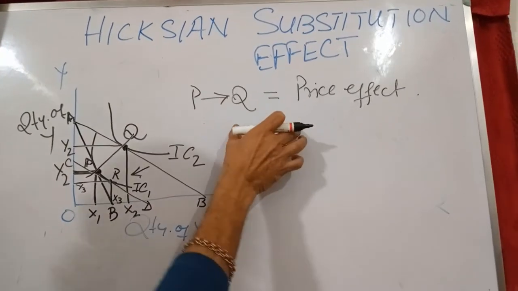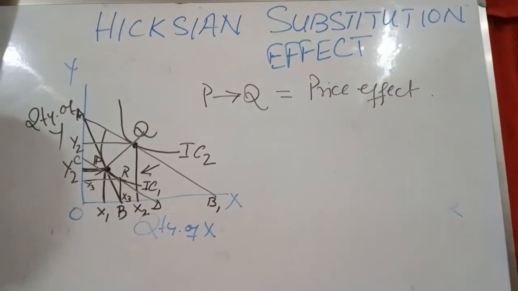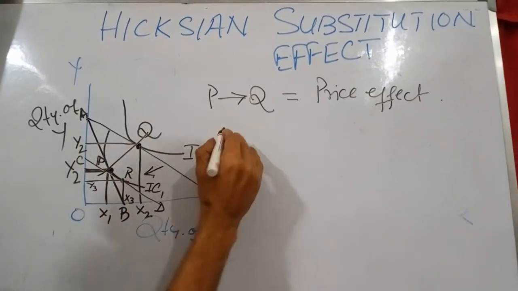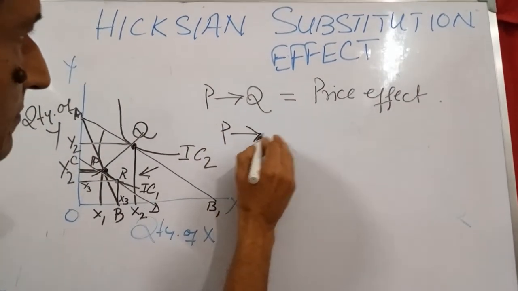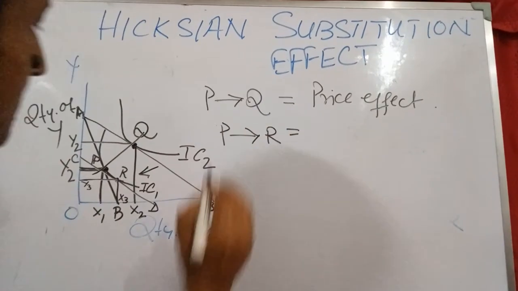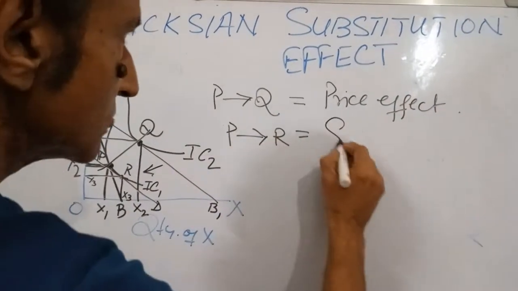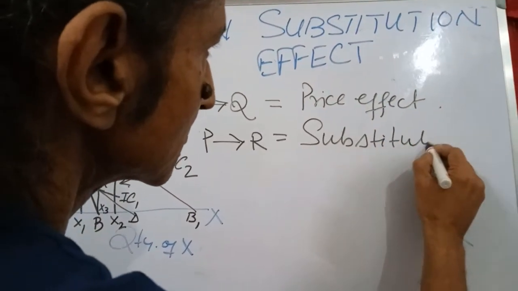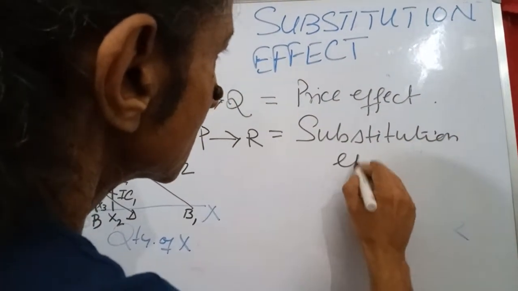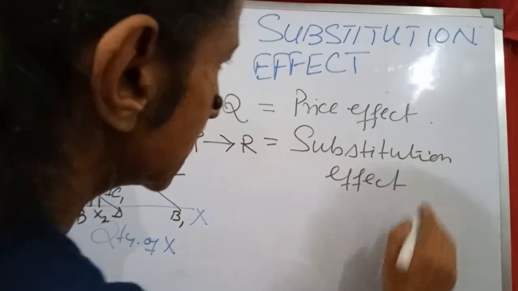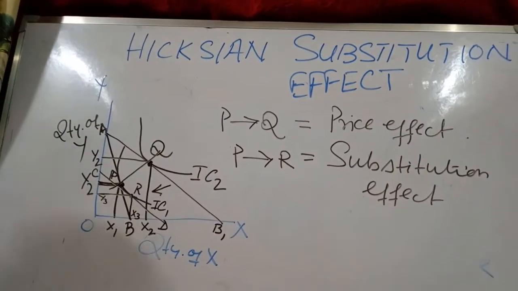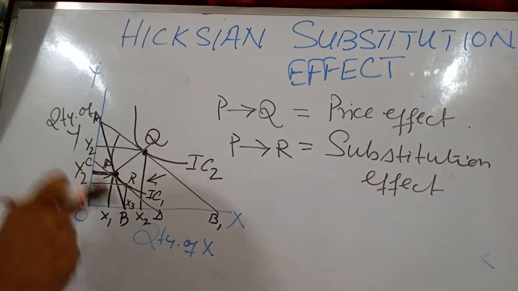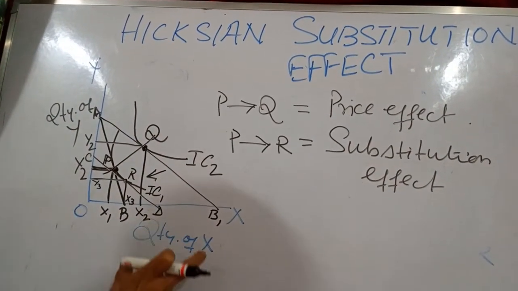This has taken place in two stages, that is P to R, then R to Q. This P to R is substitution effect. That is, the consumer has purchased more of X just because relative price of X has fallen.